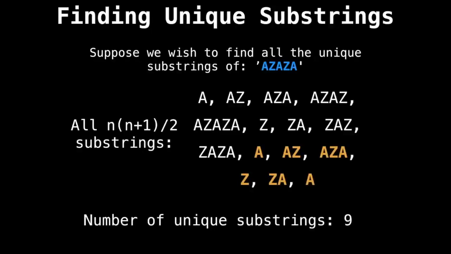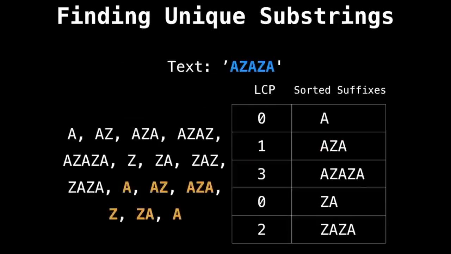Now let's use the information inside the LCP array to figure out which of those substrings really were the duplicate ones. In the table on the right, I generated the LCP array for the string AZAZA. Remember what the LCP array represents. It represents that 2 adjacent suffixes of the original string share a certain amount of characters with each other.